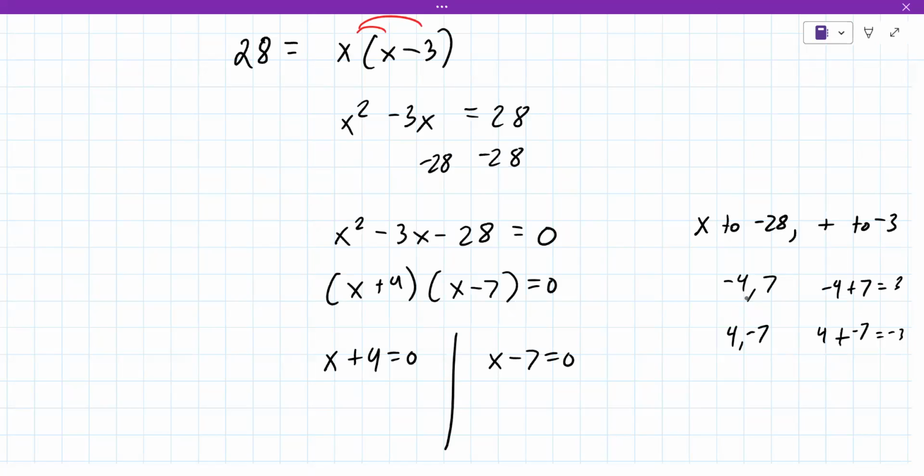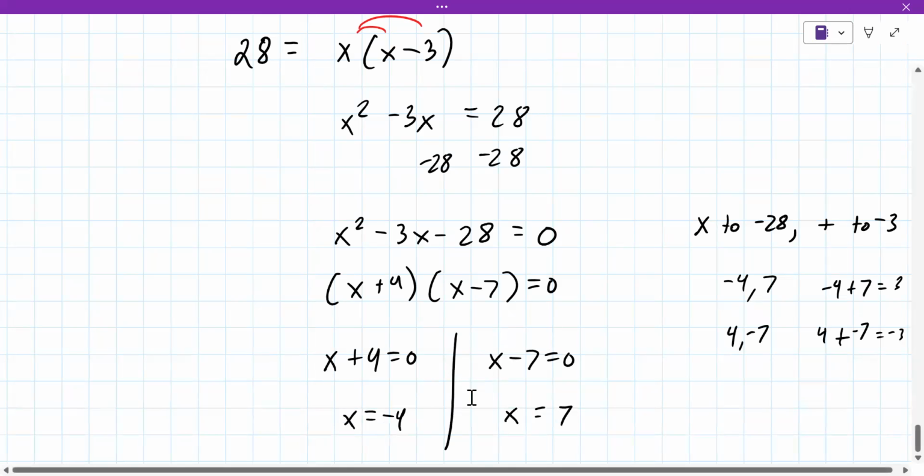We have to do the same thing. Okay, so x equals -4, x equals 7.